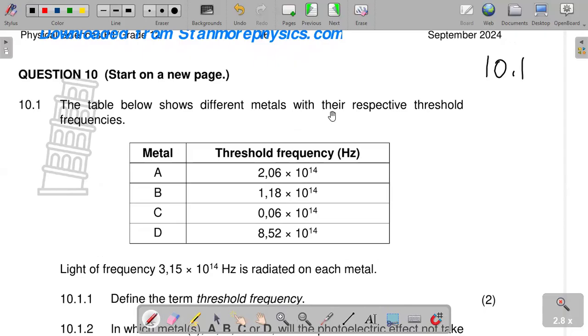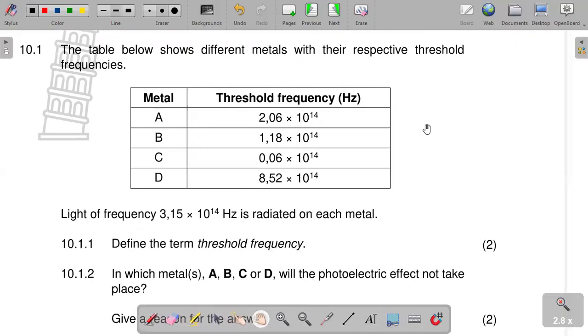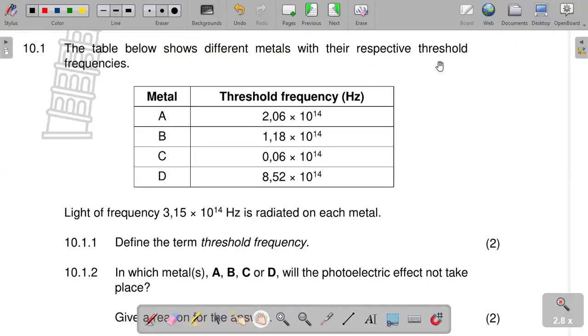So let's read the question together. It says: the table below shows different metals with their respective threshold frequencies. They show the threshold frequency this side, in hertz. There are 4 metal types here: A, B, C, D. They are all multiplied by 10 exponent 14.